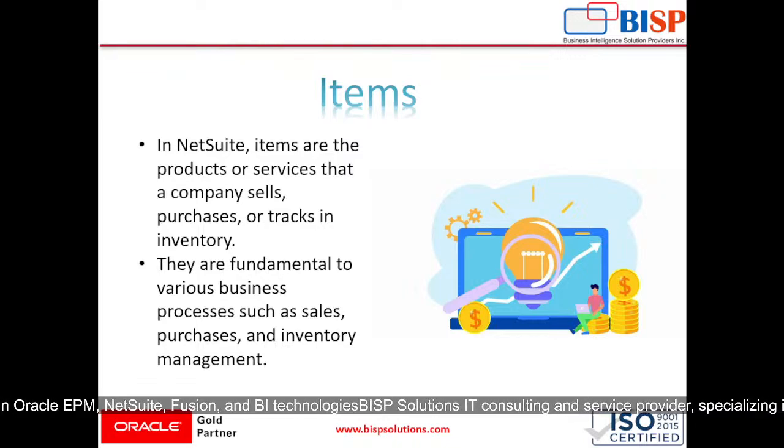So item types can be inventory items, non-inventory items, service items, assembly items, kit or package items, other charge items and gift certificates. Managing items in NetSuite ensures efficient tracking of products and services, accurate inventory management and streamlined transaction processing.